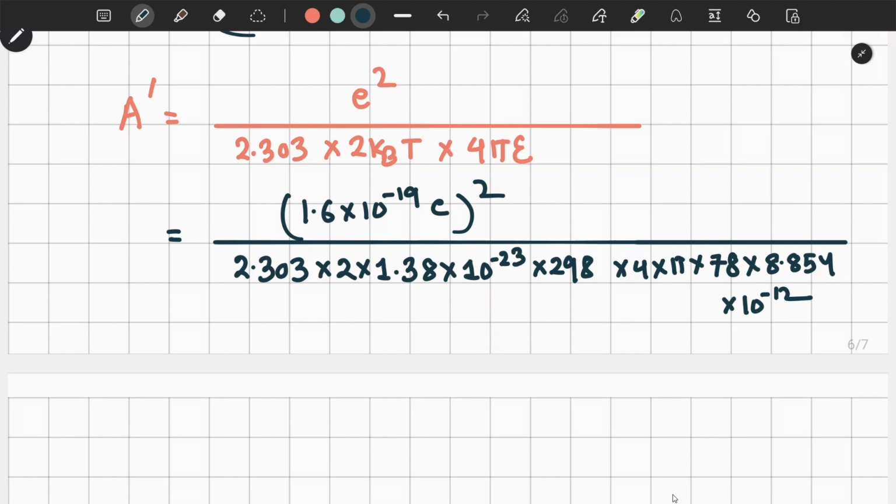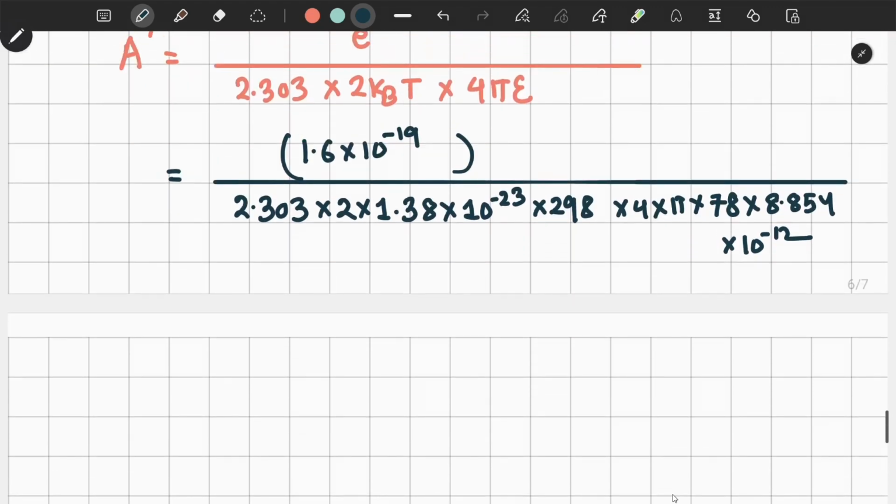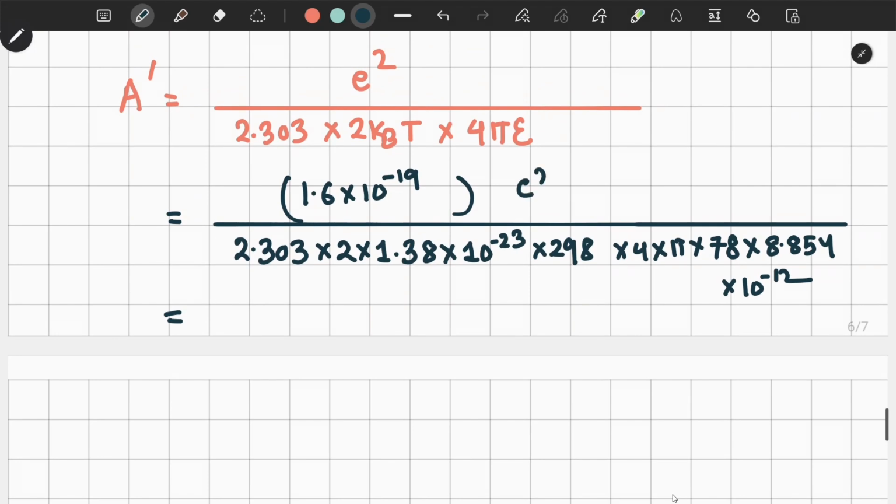The unit will be calculated later. Just calculate it. For the unit part, Coulomb square will be there, and kBT. kBT is actually the joule.